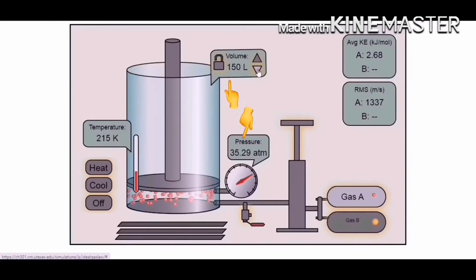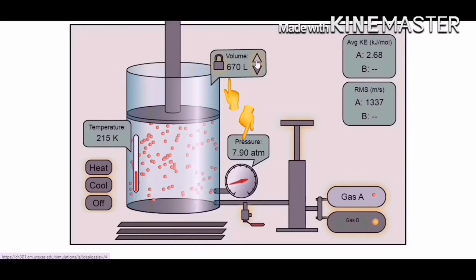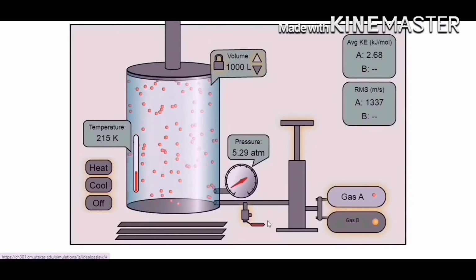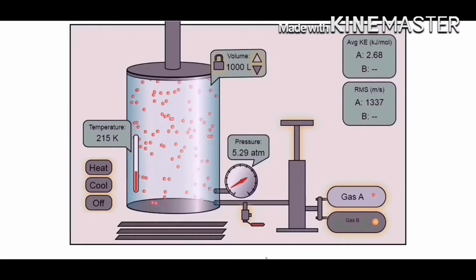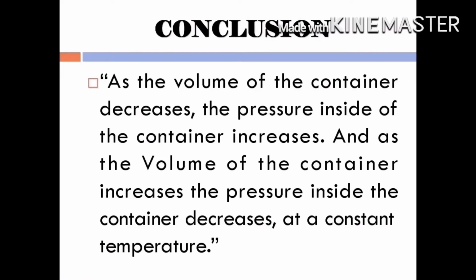What do you think will happen to pressure? Right, the pressure decreases. So what conclusion can we draw from this observation? Very good! As the volume of the container decreases, the pressure inside the container increases. And as the volume of the container increases, the pressure inside the container decreases. And this is at a constant temperature.